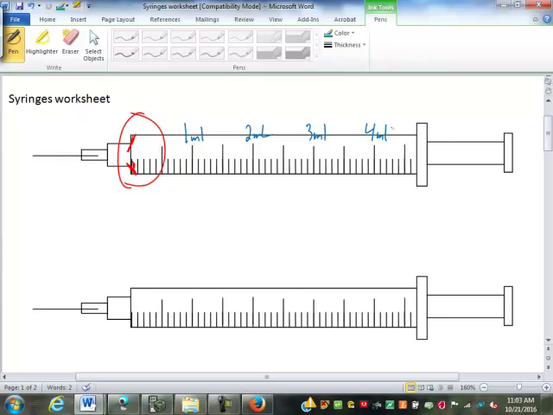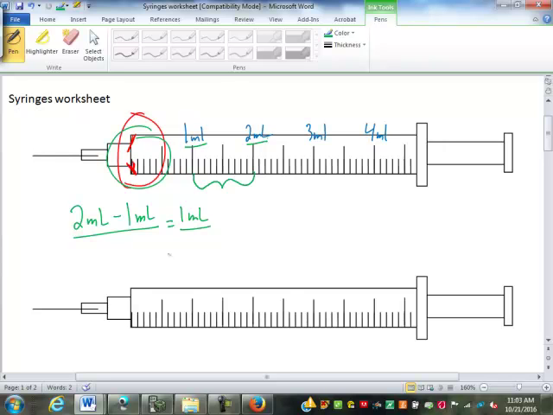As I said, we generally don't use this beginning end, so we'll start at one of the numbered spots and go to the next numbered spot. So we're going from 1 milliliter to 2 milliliters. To figure out what those divisions are, we take the difference in labeled volumes. So that'd be 2 milliliters minus 1 milliliter, which will be 1 milliliter.